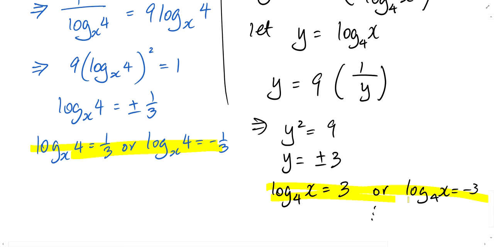How the base and this value over here, they are swapped. X and 4, they are swapped. So our final answer is also swapped. You get it? Instead of 3 and negative 3, I get 1/3 and negative 1/3. So that is the relationship for the change of base formula on the board. Okay?